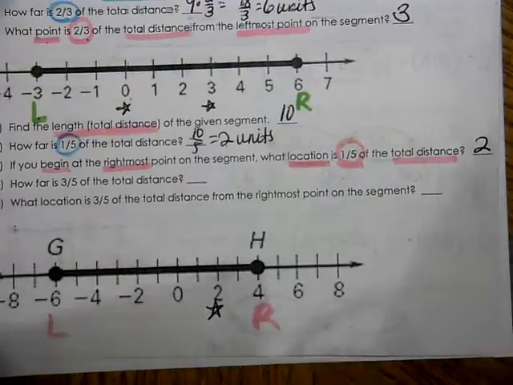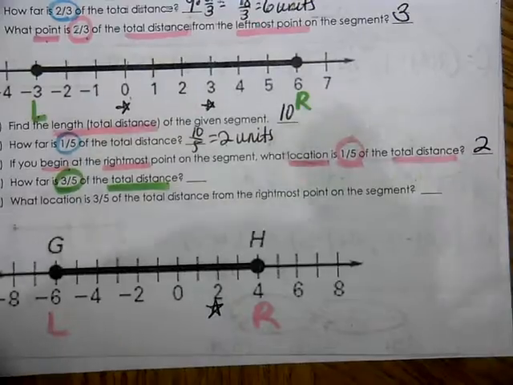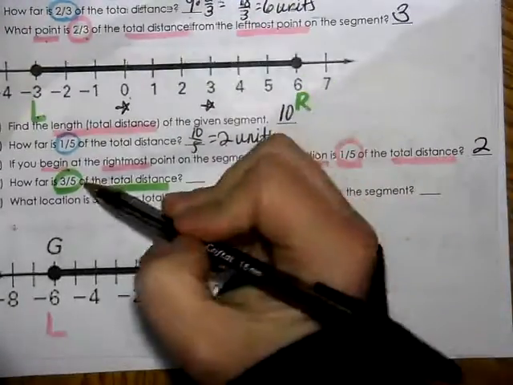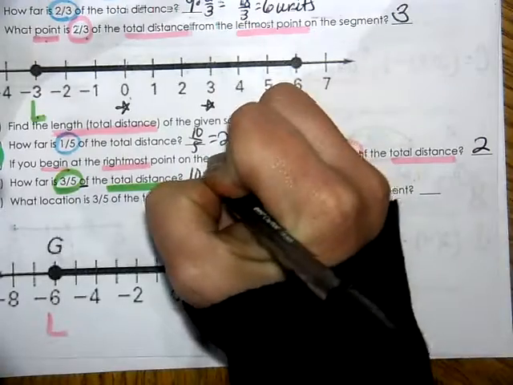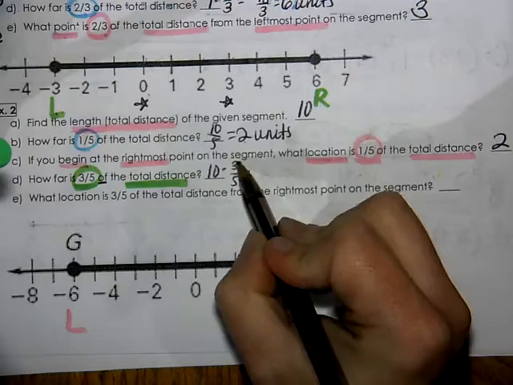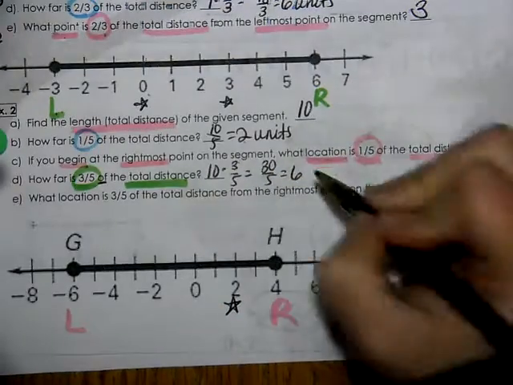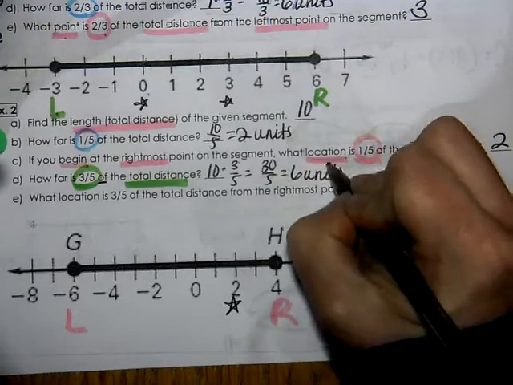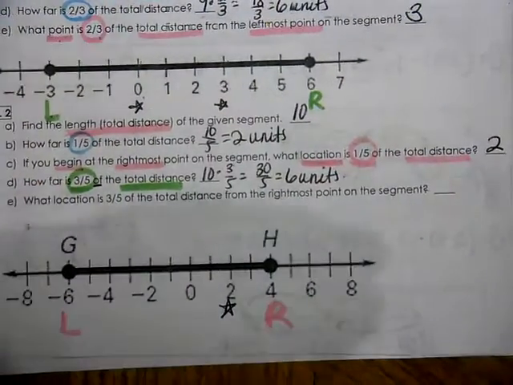Next, how far is 3/5 of the total distance? So if our total distance is 10, 3/5 of, that word of means times, 10 times 3/5, that is equal to 10 times 3, which is 30. 30 divided by 5 is 6. So 6 units is going to be 3/5 of the total distance.